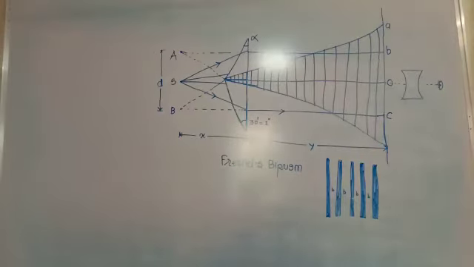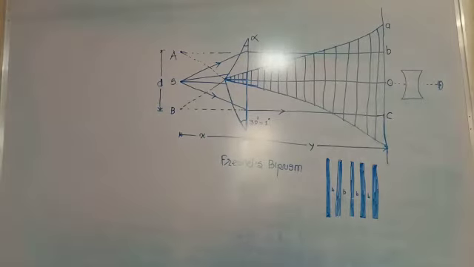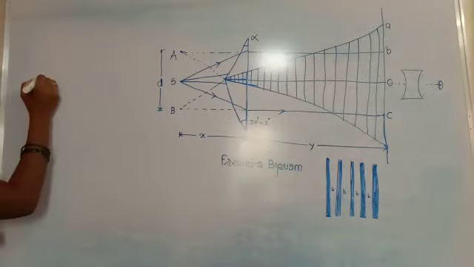So we know that here small d is the distance between the two sources A and B, and capital D is the distance between the source and the screen. And from that, here beta is the fringe width.